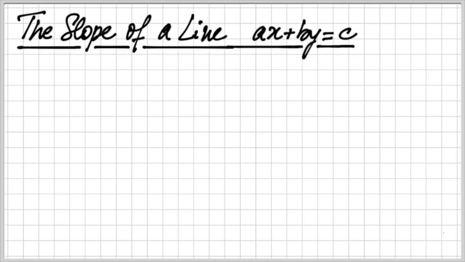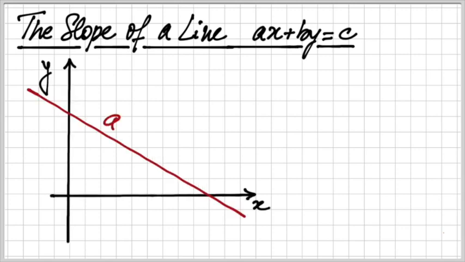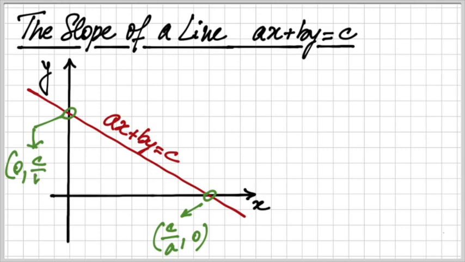Let's apply this on an exercise. On the slope of a line ax plus by, the general format of the line, we have now this line ax plus by is equal to c. First we have the x-intercept, which is given by the coordinates c divided by a and 0. The second one is 0 and c divided by b, which is the y-intercept.